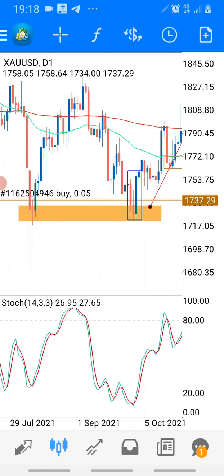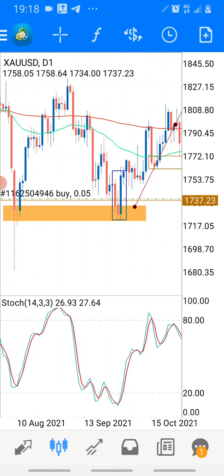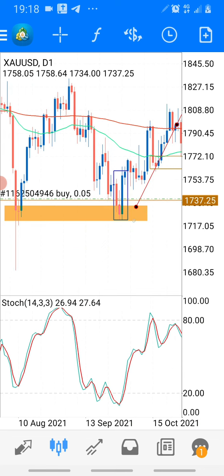So how do you make use of this engulfing candle in this pattern? Now when you come across this and you see that it has formed a double bottom, or it has formed a kind of support at a support level, then you watch out for an engulfing candle.